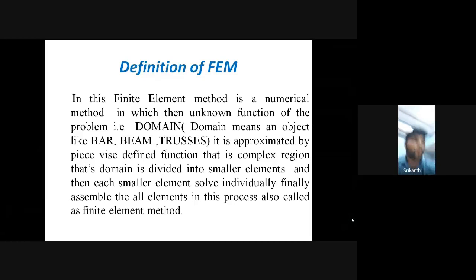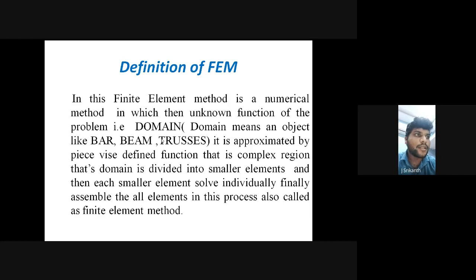Unit number 2: domain means an object like a bar, that means analysis of bar. Analysis of bar is only one dimensional, either the x-axis or y-axis or z-axis. Then the beam is two dimensional, x-axis and y-axis also.